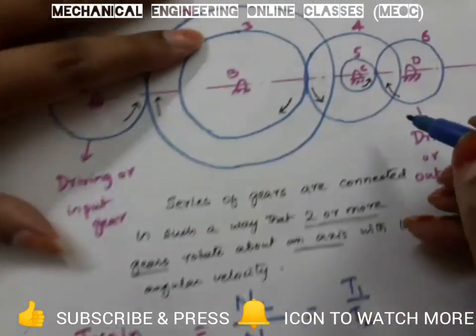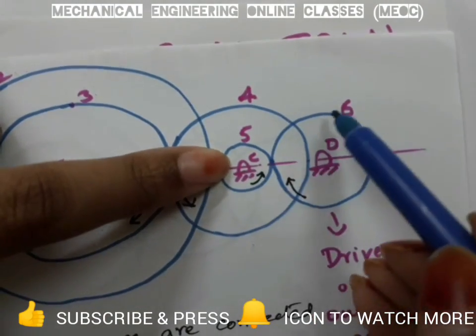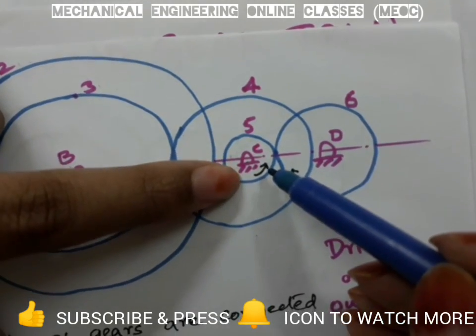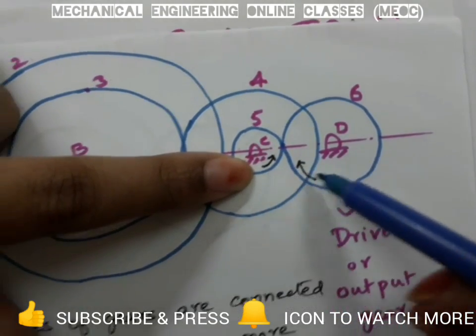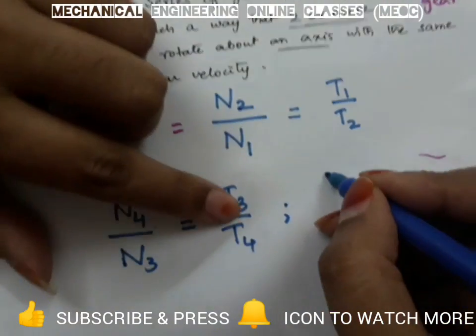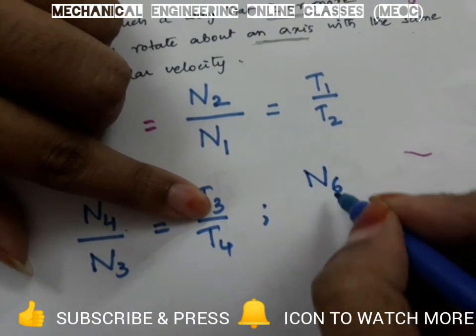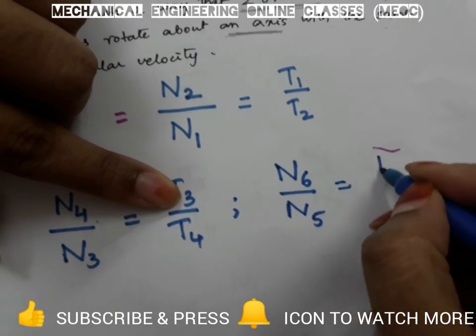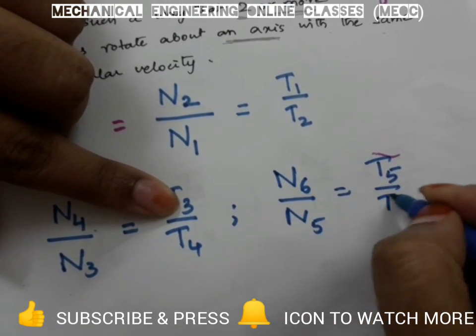The last combination is gears 5 and 6, which are mating with each other. Here 5 is the driving gear and 6 is driven. So N6 divided by N5 should be equal to T5 by T6.